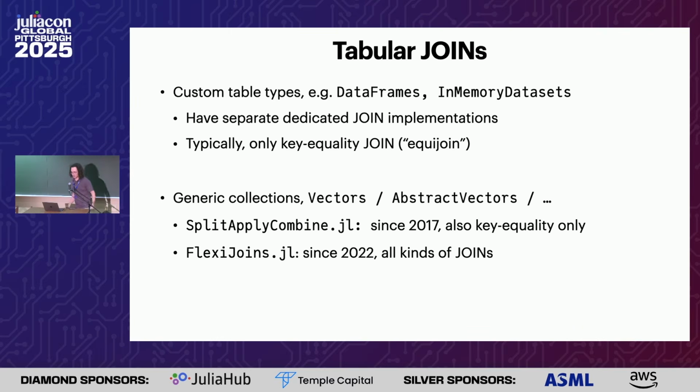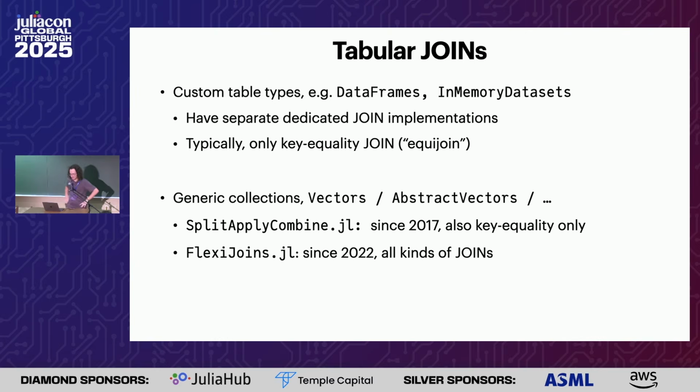However, there are many more join types in general. For generic collections, like vectors, there is a pretty old but still working package, SplitApplyCombine.jl. I actually contributed to it a bit several years ago. Now it's badly maintained, I would say, and it also only has key equality joins.